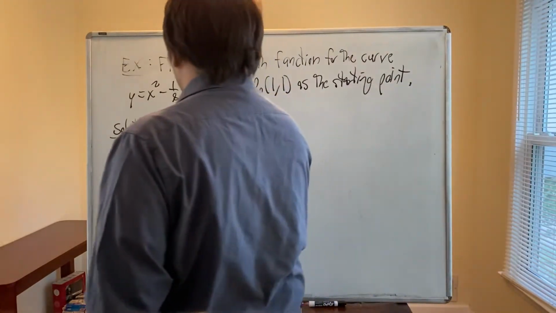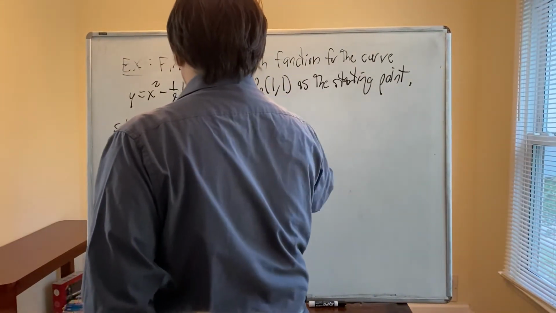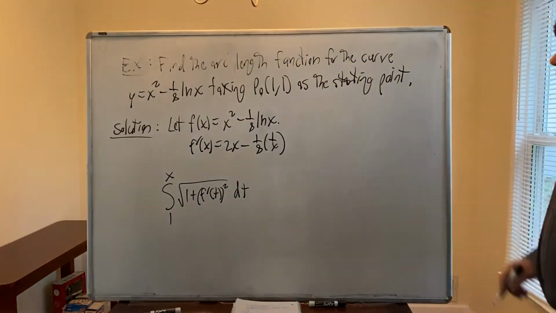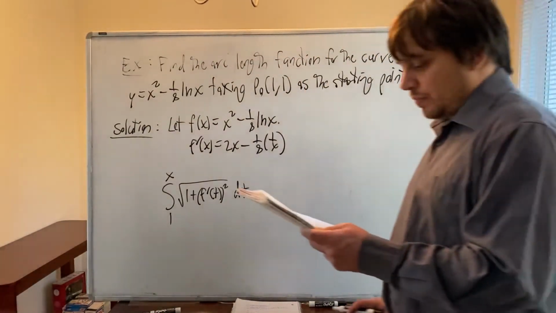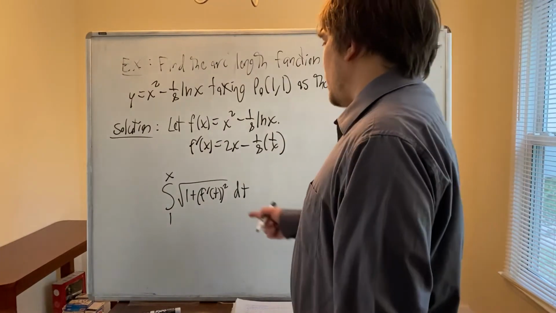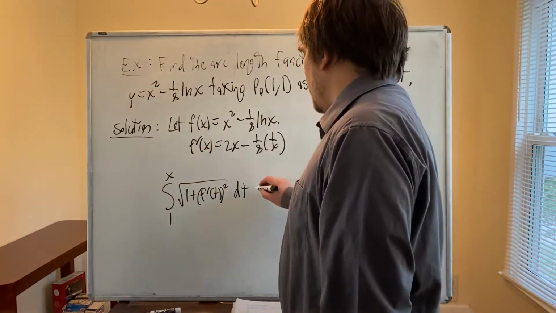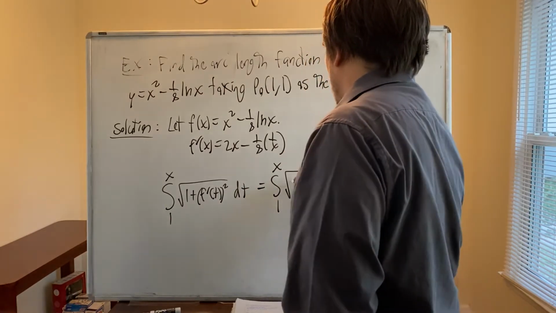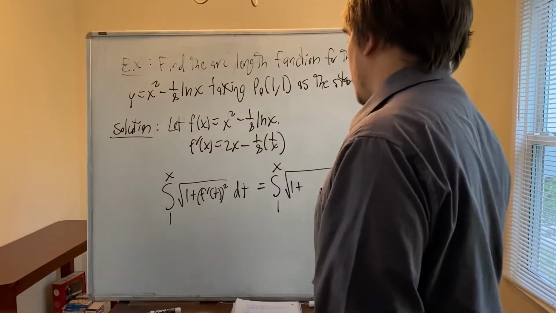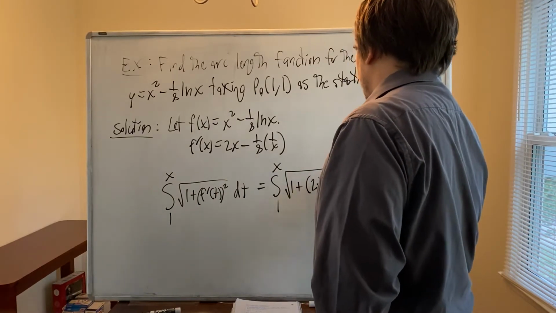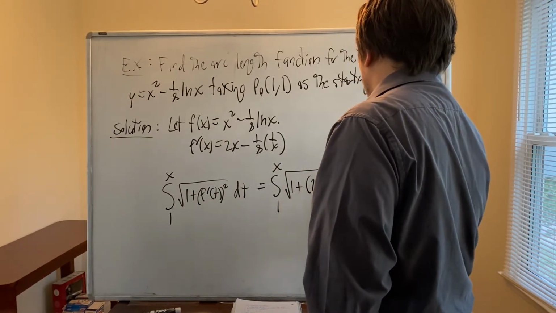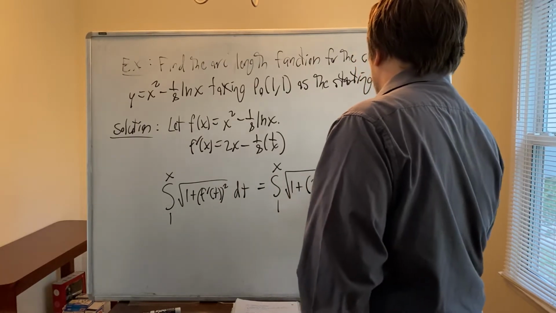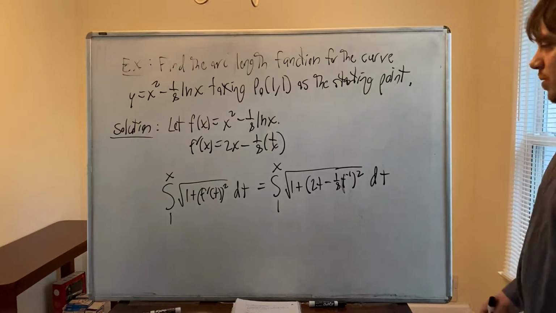So f prime of x is equal to 2x minus 1/8 times 1 over x. Okay, and so now I can plug that in for f prime there. And so this is equal to the definite integral from 1 to x of the square root of 1 plus that squared. That's x to the minus 1, so this is t to the negative 1, squared dt.